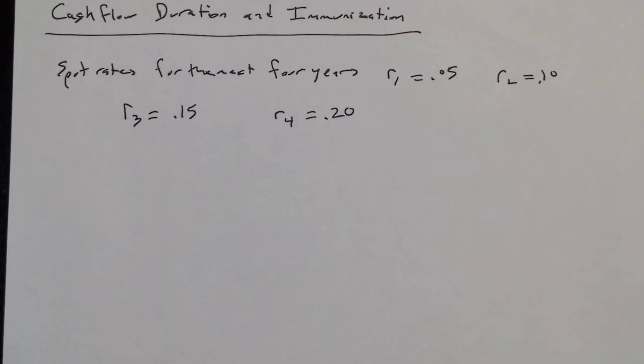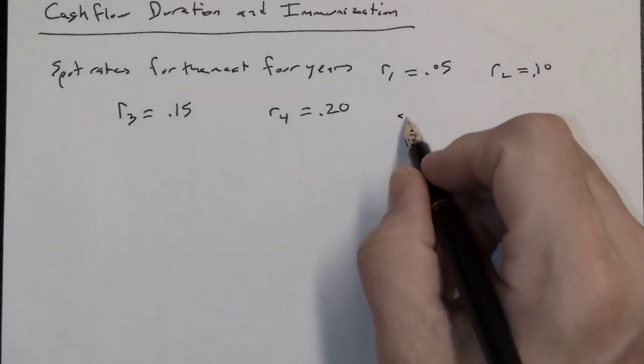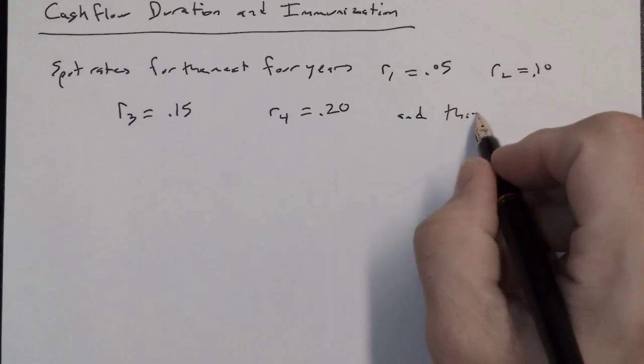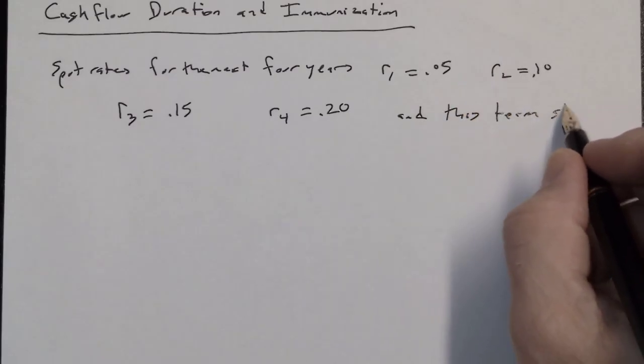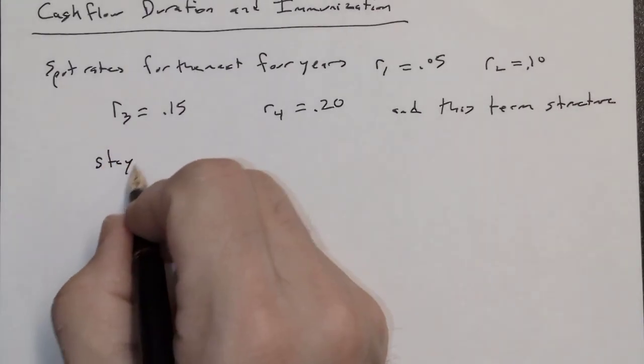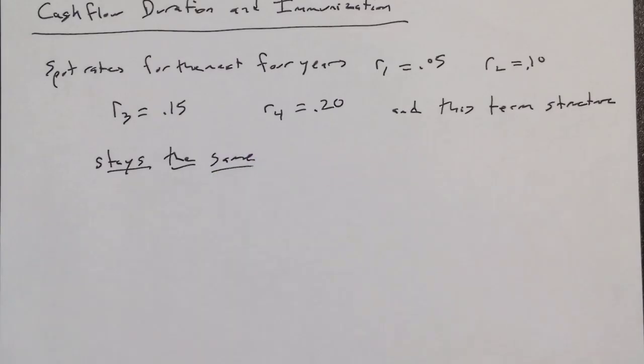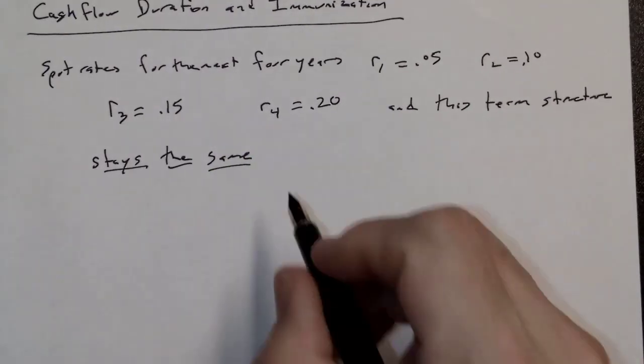So this is a normal yield curve. Further out, the more it's worth. I'm going to say that we're going to assume this stays the same as time continues.